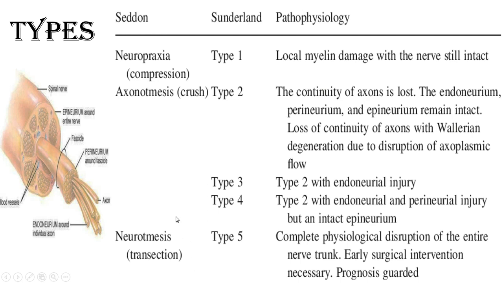Sometimes, due to accident or operative injury, there can be a total transection of the nerve. But what I want to say is that if there is neurotmesis, then Wallerian degeneration and regeneration will be very difficult or may not happen. In that case the prognosis is guarded, meaning bad. But in neuropraxia the prognosis is very good.